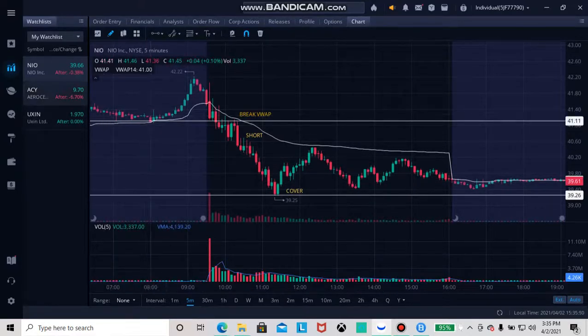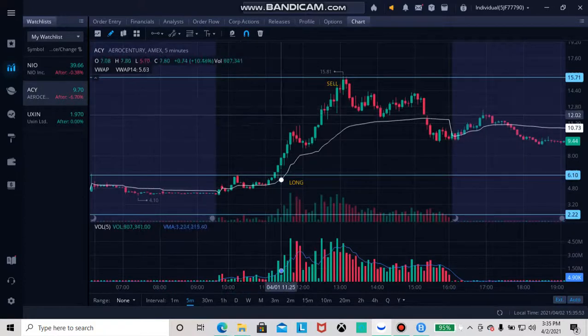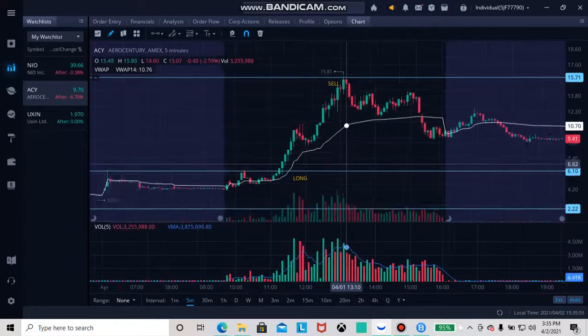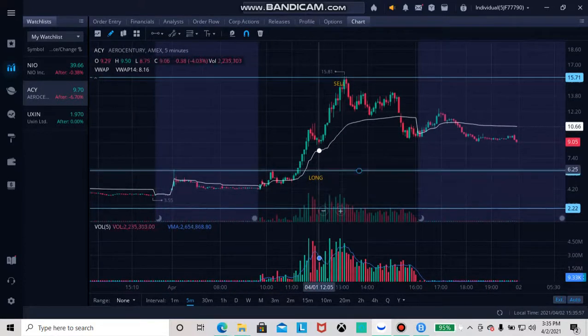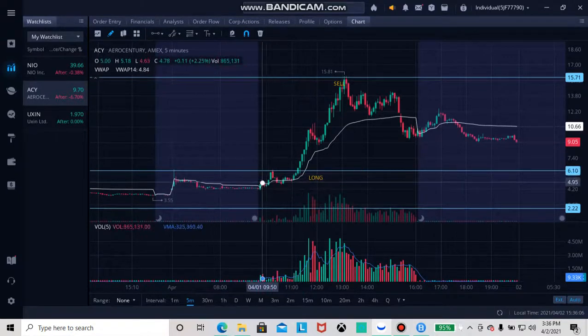Second example, ACY. This is a long. So if you're going to long something, I have my pre-rejection right over here. As you can tell, this happened pre-market, and then as we open, here's VWAP, the white line.